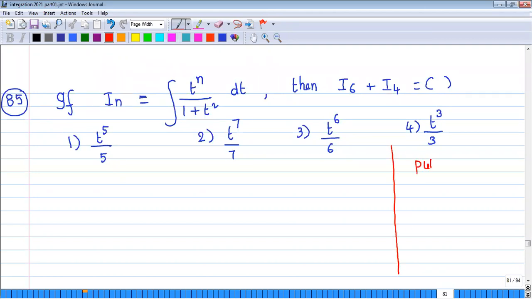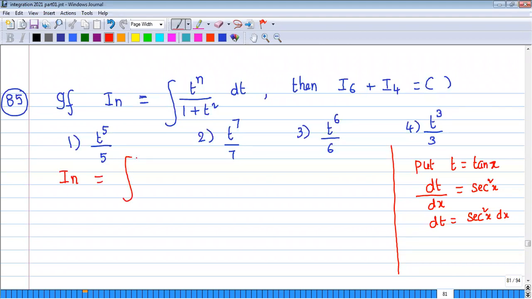Here, put t is equal to tan theta, or you can say tan x also. dt by dx is equal to secant square x. Now dt is equal to secant square x dx. Now this I_n becomes the integral of t power n, that is tan x to the power of n, upon 1 plus tan square x, into secant square x dx.